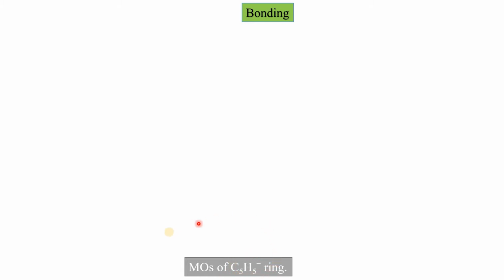Let's draw the molecular orbitals from lowest energy to the highest energy. This is cyclopentadiene. First draw the orbital on each of the carbon atoms: 1, 2, 3, 4 and 5.